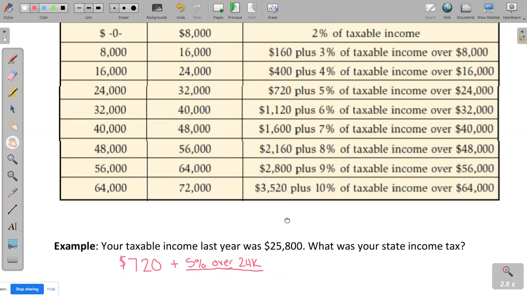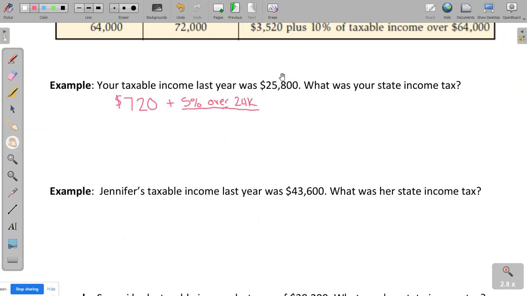Okay, so let's figure this out. We need to know how much is over $24,000. So we take our taxable income and subtract the $24,000, and we get $1,800.